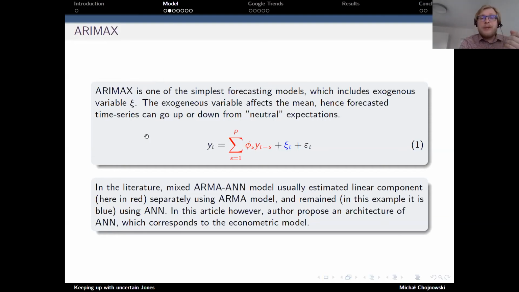Here we assume that there are nonlinear relations in the market sentiment, which in the equation is defined by letter C, I'm sorry. And we're trying to figure out how Google Trends can affect this market sentiment.